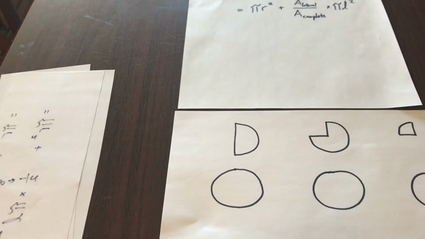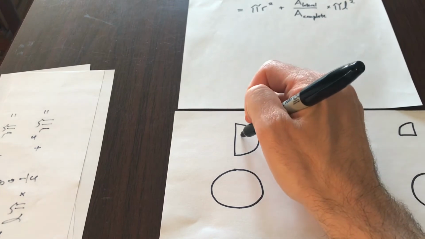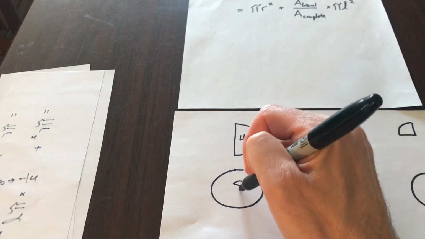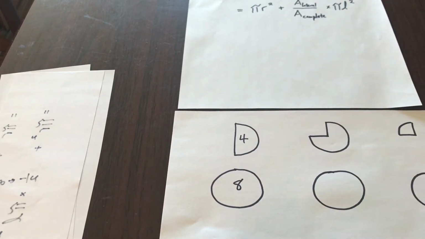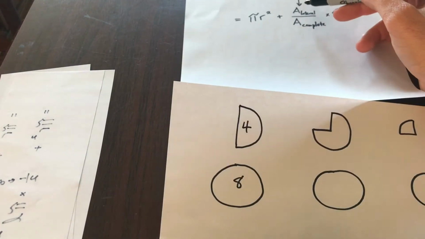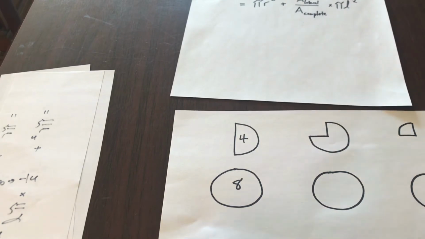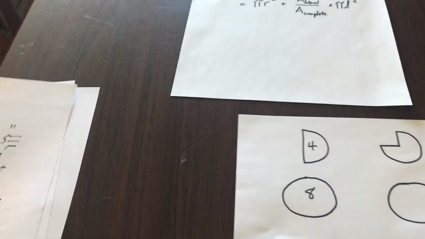For example, let's say the area of the lateral surface was 4 square units, and the area of the complete circle was 8 square units. Then the fraction would be 4 over 8, which we can reduce to 1/2.